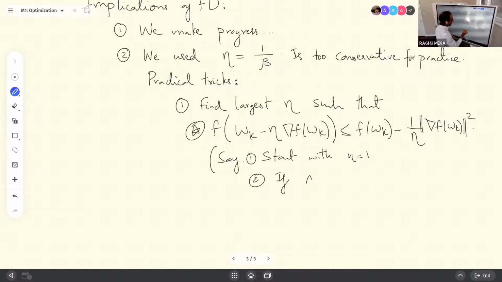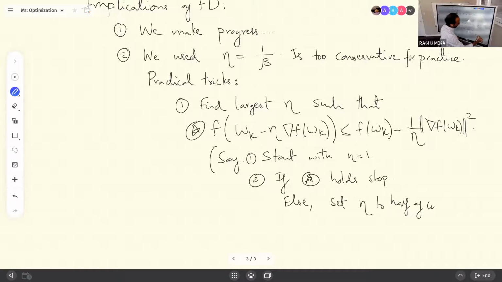If star holds, stop. Else, set eta to half of its current value. And so you keep halving it each time until you find a value where the inequality holds. It's basically like binary search, and you'll get a pretty good approximation to the best you can do.